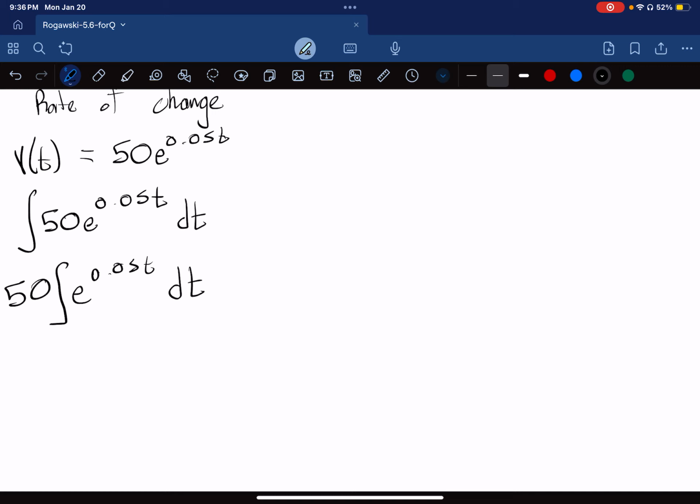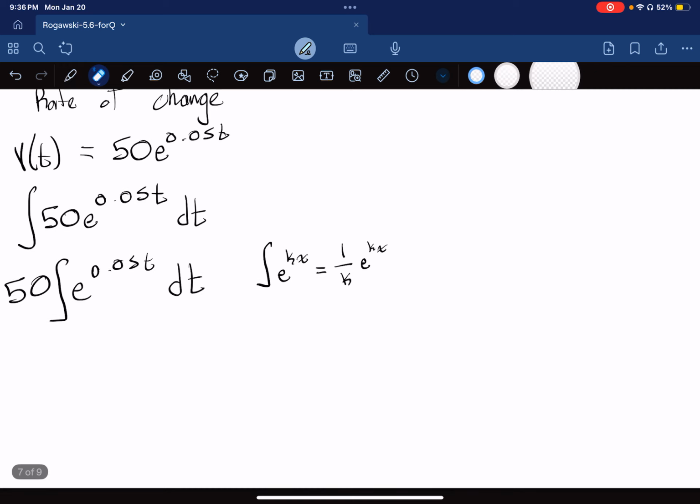So this formula states that the integral of e to the kx is going to be equal to 1 over k e to the kx. Now, this is a very simple formula and is a very good one to know.